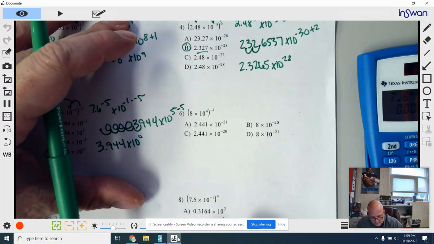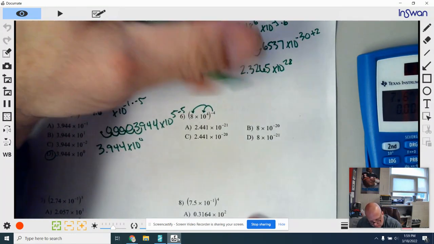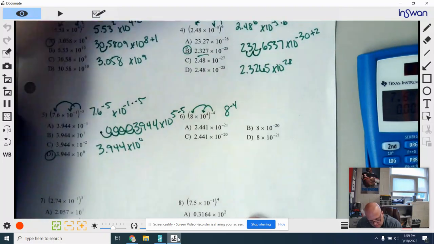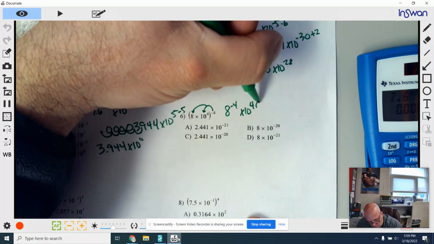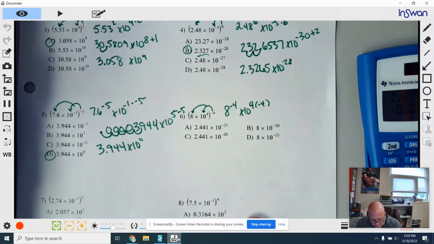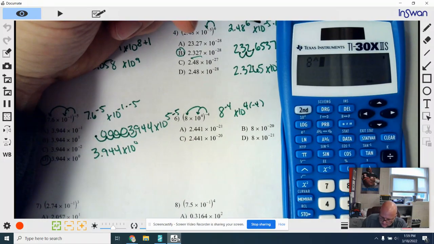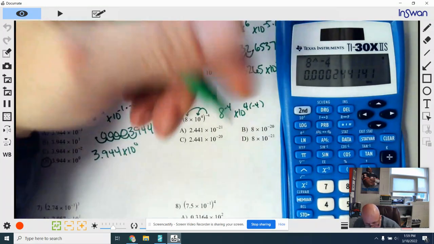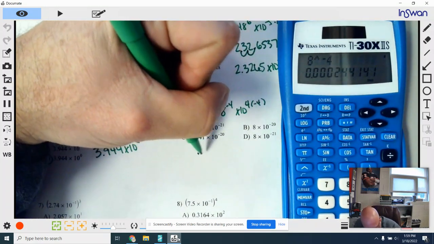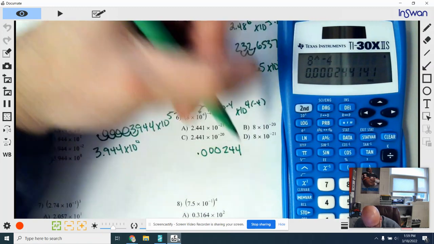All right, one more problem together. Distribute this negative 4. So we got 8 to the negative 4th power times 10. 4 times negative 4. Okay, so let's do 8 to the negative 4th power. And I'm going to write it down here, 0.0000244. I'll stop there.